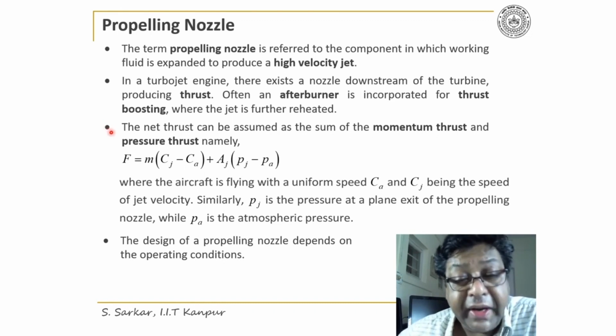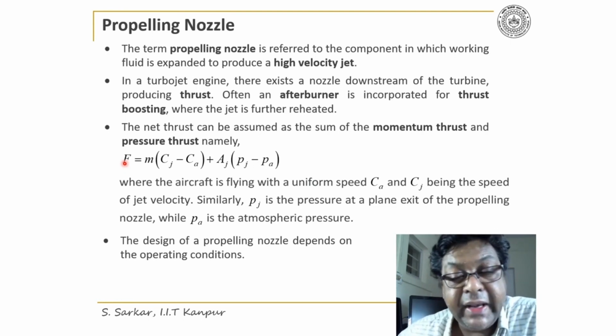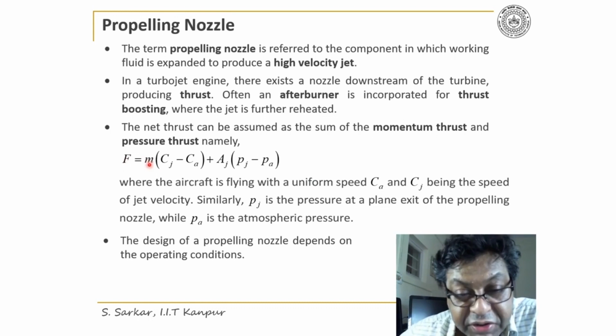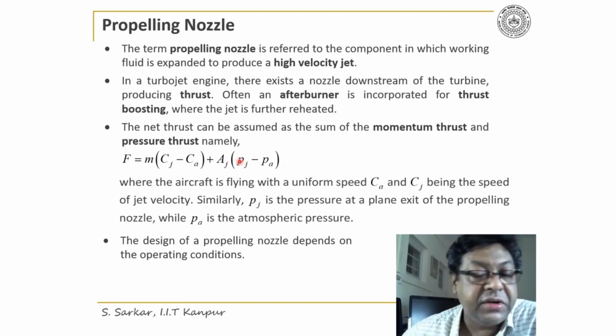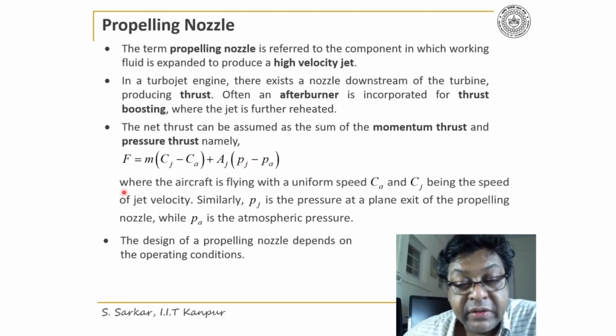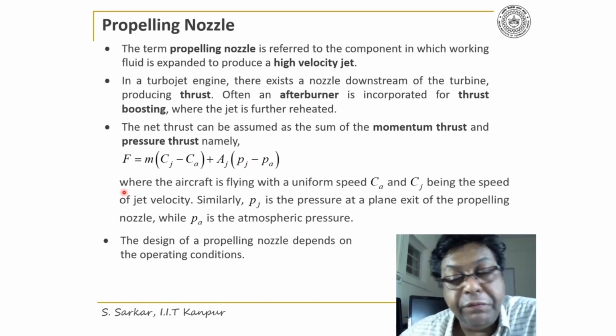Now, the net thrust can be assumed as the sum of momentum thrust and pressure thrust, which can be expressed as F = m(Cj - Ca) + Aj(Pj - Pa). The first bracketed term represents the momentum thrust and the latter one is the pressure thrust. Here, the aircraft is flying with a uniform speed Ca and Cj is the jet velocity.